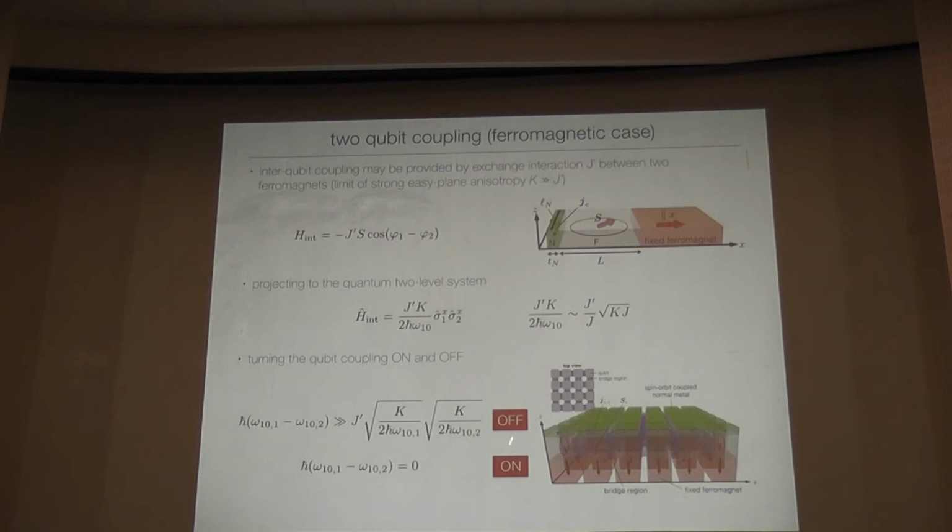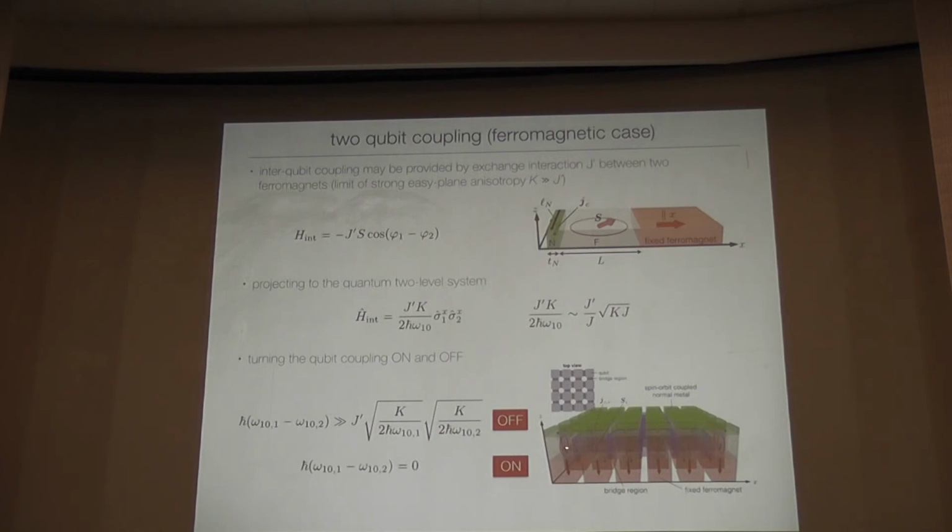And so one way, you can make a very fancy lattice of this. I'm tilting this in the vertical direction. Now the normal metals are on top, I have this ferromagnet of interest in the middle, and then we have the fixed ferromagnet on the bottom. You can couple all of these in a two-dimensional array like this. And you can tune the coupling on and off.